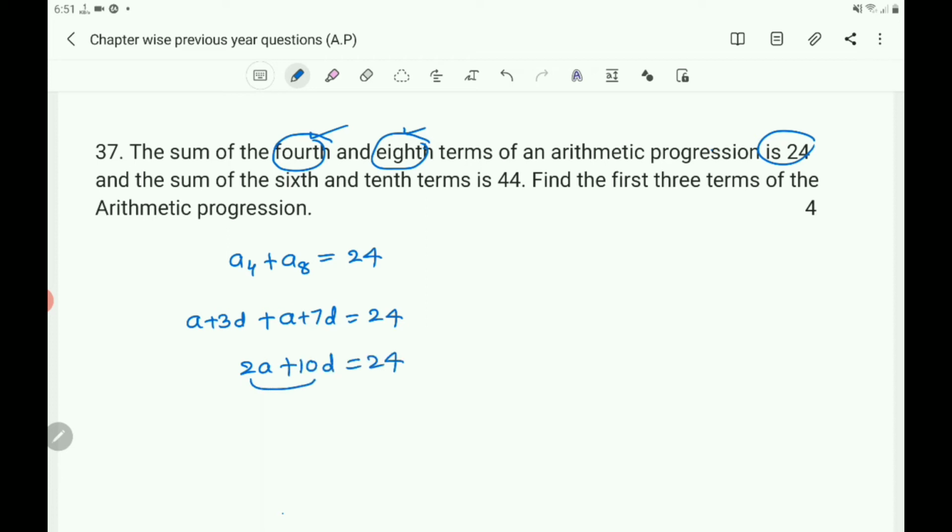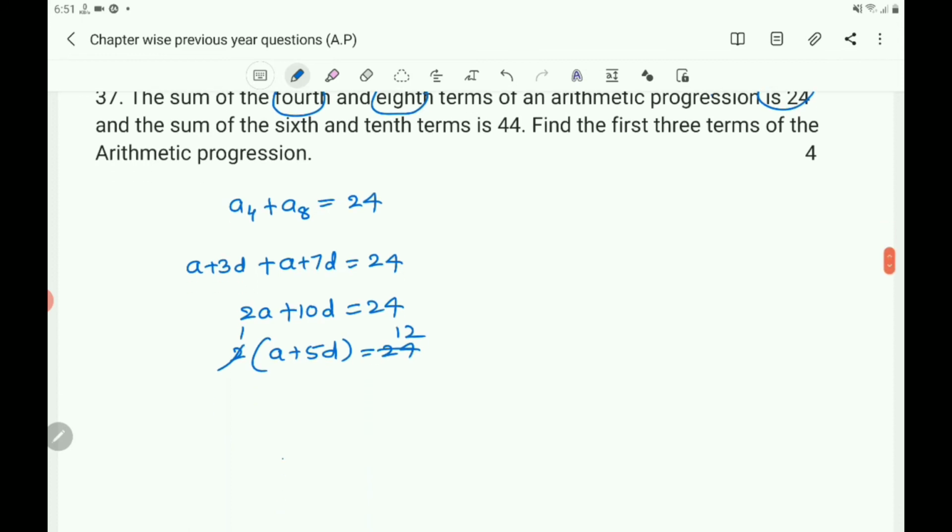Then you can take 2 common, so that becomes a + 5d = 12, since 2 ones are 2, 12 twos are 24.